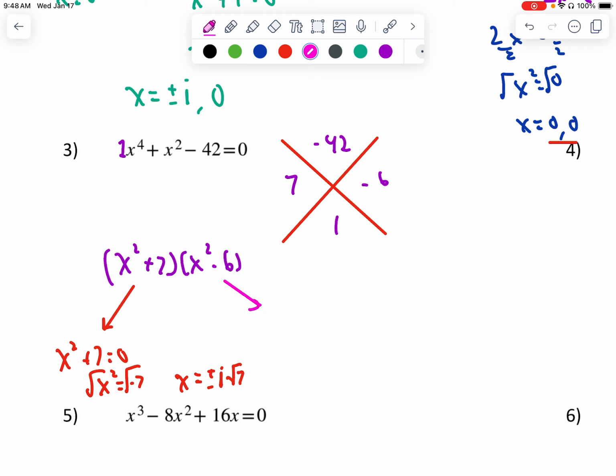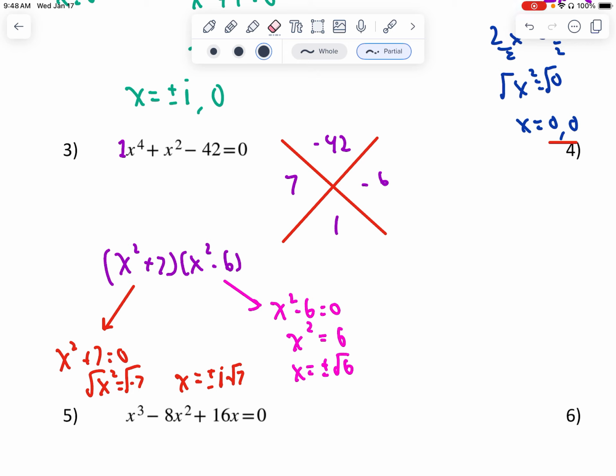On the right side here, I will set x squared minus 6 equal to 0. When I add 6 to both sides, I have x squared equals 6. And taking the square root gives me x equals positive negative root 6. Let's put our answers together here so it's a little bit neater. My 4 solutions are x equals positive i root 7, x equals negative i root 7, x equals positive root 6, and x equals negative square root 6.